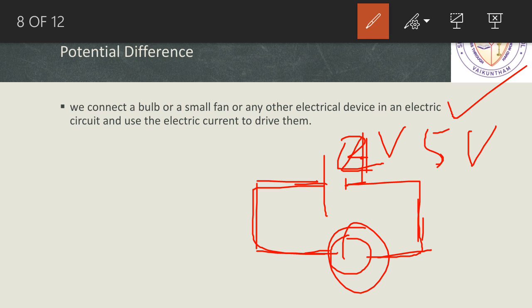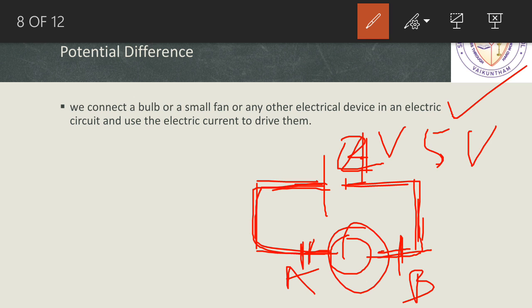Whenever I connect any electrical appliance to a battery or a cell, point A and point B will have a difference of potential. Two different points will have two different potentials.